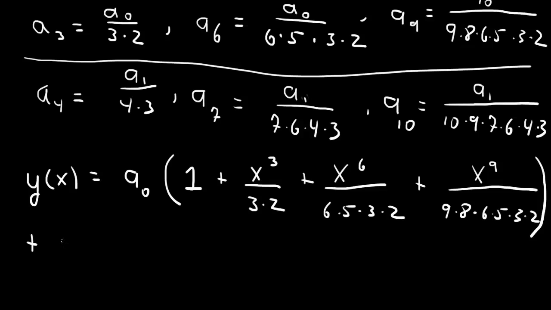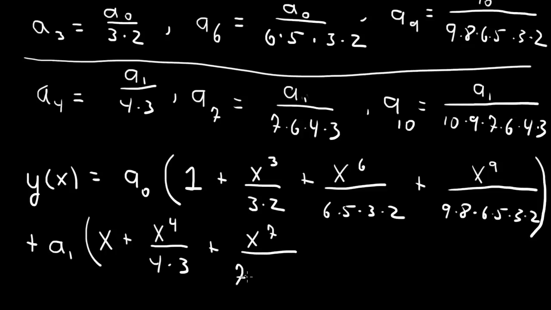The second power series leads with a1, so a1 times x. And then we have a4 times x to the 4th, and a4 has a 4 times 3. And then the next one is x to the 7th over 7 times 6 times 4 times 3.